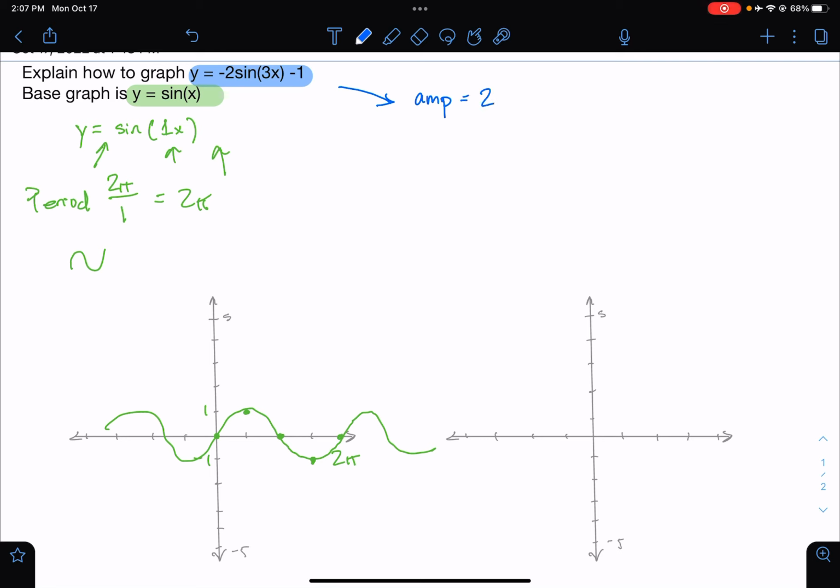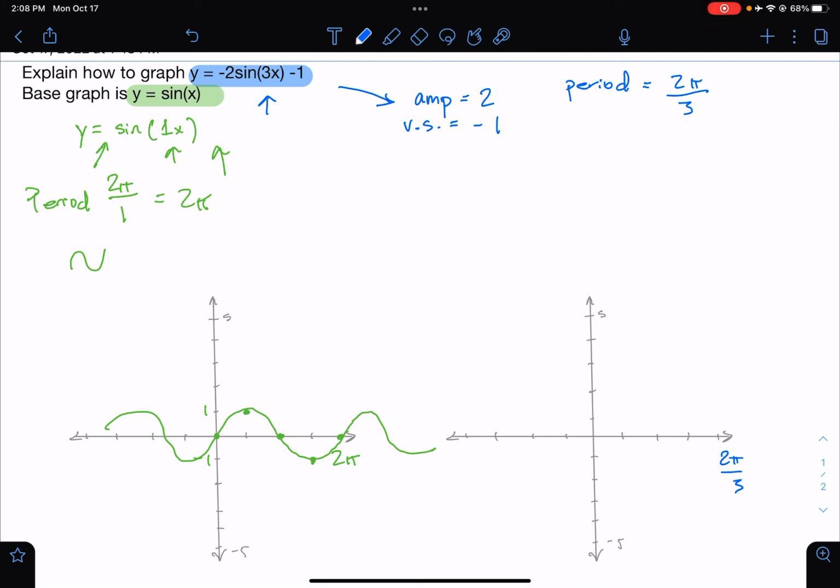We know that the vertical shift is -1. And then we also know that the period is equal to 2 pi over whatever is in the parentheses, which is 3. So we can plug that in right away.